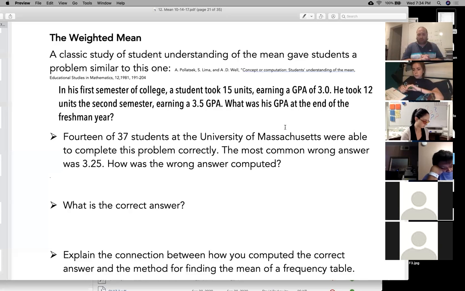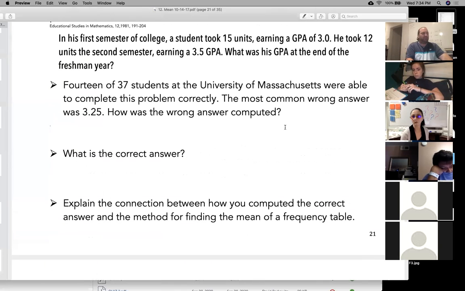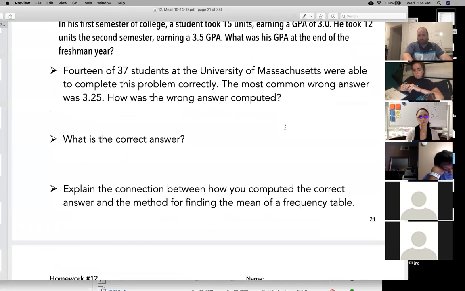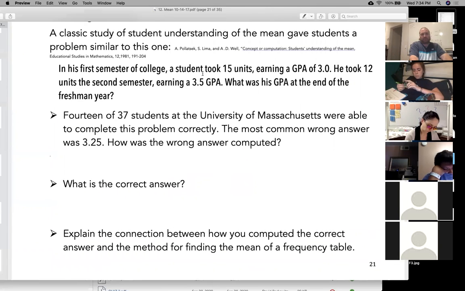It's got to be weighted more. So we did this example. It was only one example, but you know how to do it. Weighted means: you take your value and multiply by the percentage of that value. So a GPA of 3 in this case, 15 of my 27 units were GPA of 3. So you would multiply by 15 over 27 and so on.